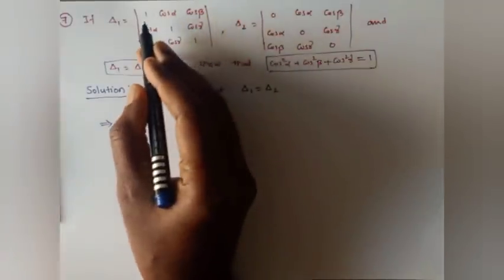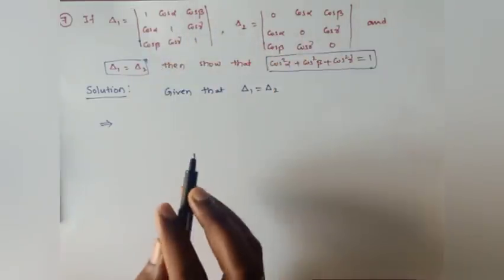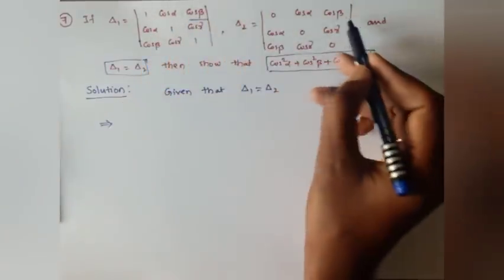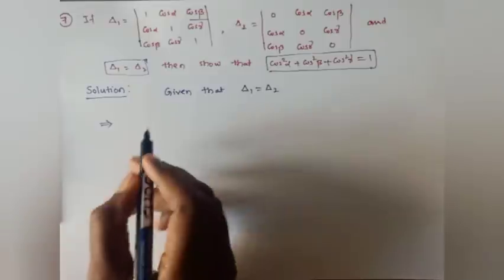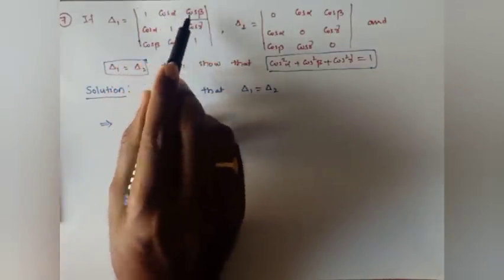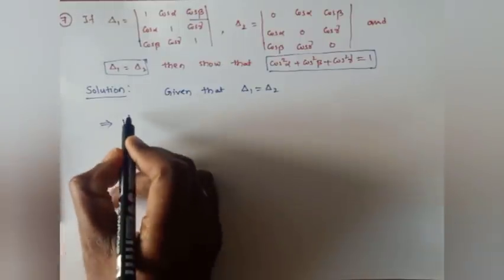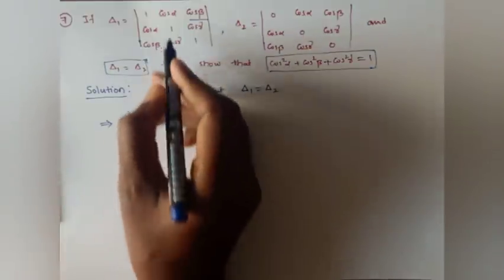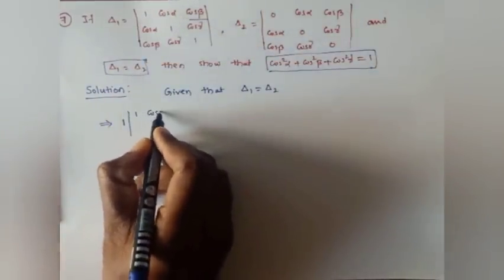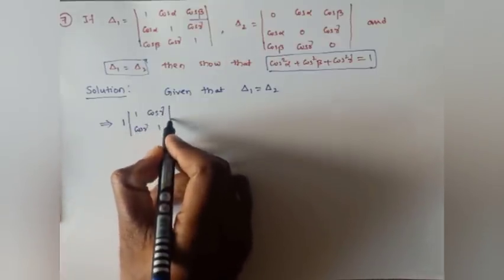Now you can expand this determinant along row wise or column wise, here also row wise or column wise. So here I'm expanding this determinant using the first row, here also first row. Now as we know, the signs of the first row are positive, negative, positive. So positive and element into the corresponding minor. So by deleting this row and column, then this is 1 cos gamma, cos gamma 1.